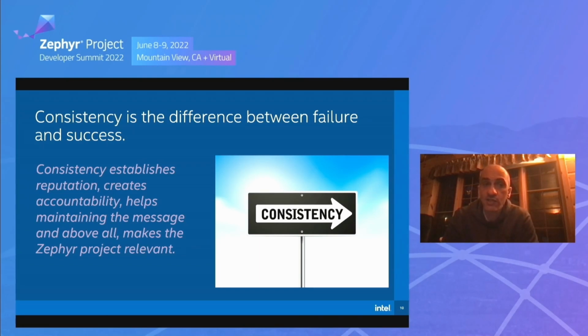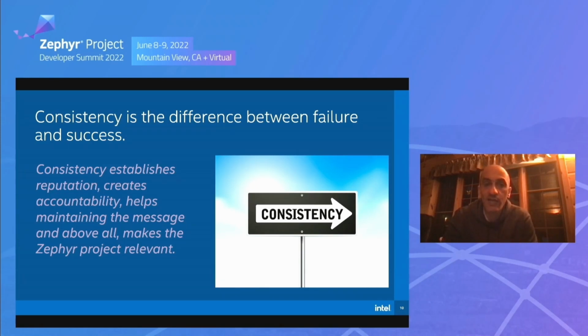Consistency establishes reputation. That's basically how people learn to appreciate the project and the way things are done. It creates accountability as well, helps maintain the message, and above all makes the Zephyr project relevant, because as an open source project, it's very important that we stay relevant.